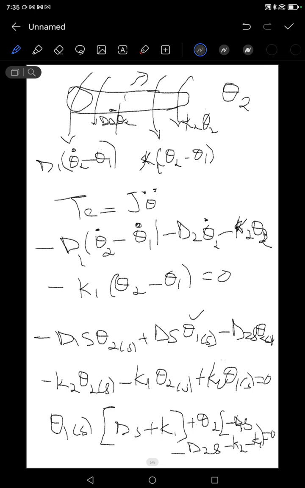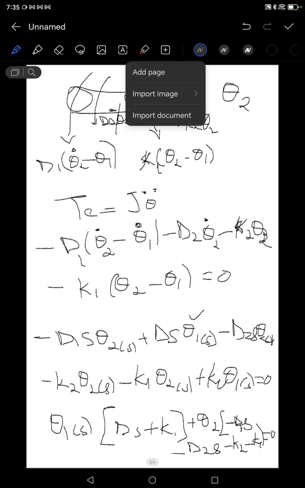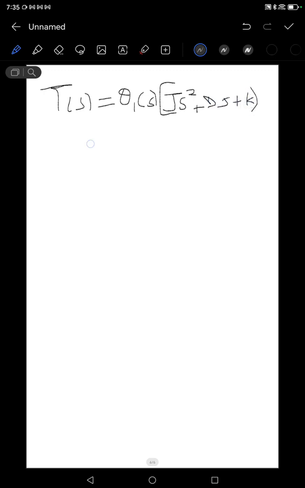The first equation was T of s equals to theta 1 of s into Js squared plus Ds plus K, and then it was plus theta 2 into Ds plus K. Okay, this was our first equation.